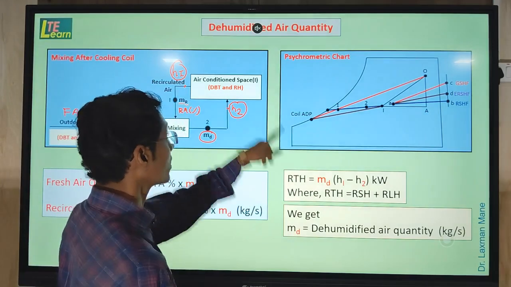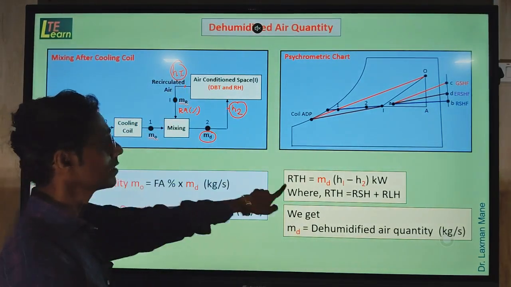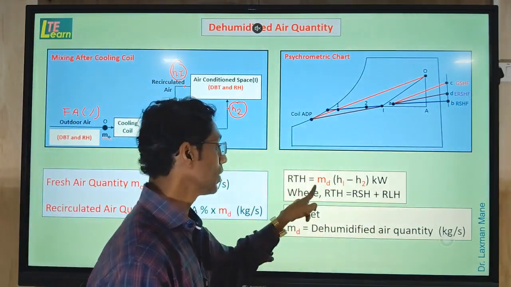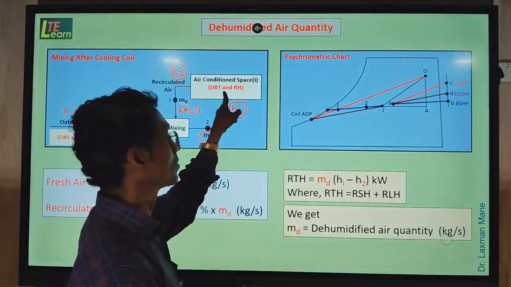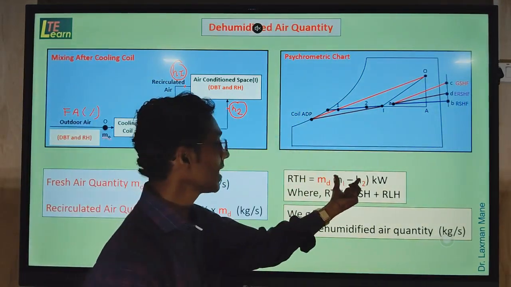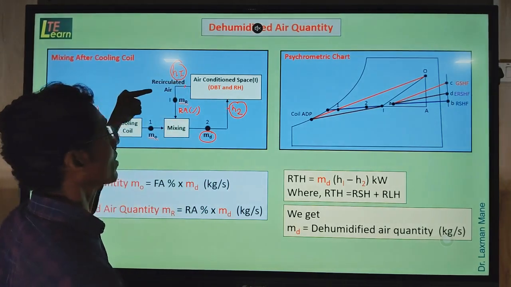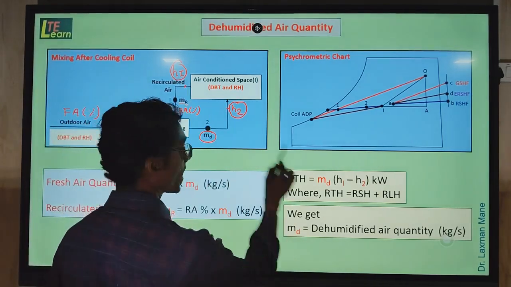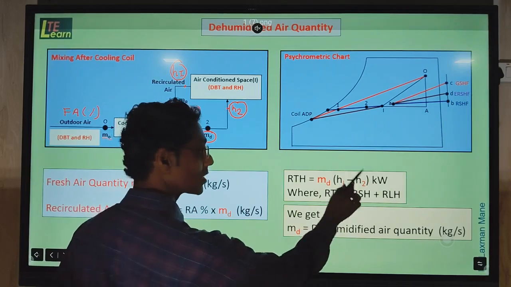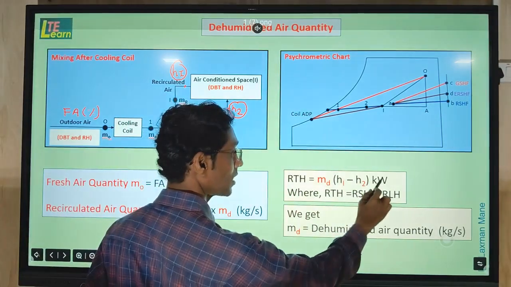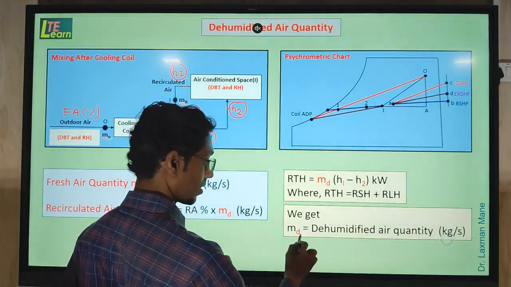The formula for room total heat, meaning the heat content in the hall, that is room sensible heat plus room latent heat, will be equal to the amount of air, m dot d, passing to the hall, multiplied by the enthalpy difference between entering air and leaving air, that is HI minus H2. Now HI is the higher enthalpy, that is why HI minus H2 comes. This RTH formula is in kilowatts. From this formula we find the dehumidified air.